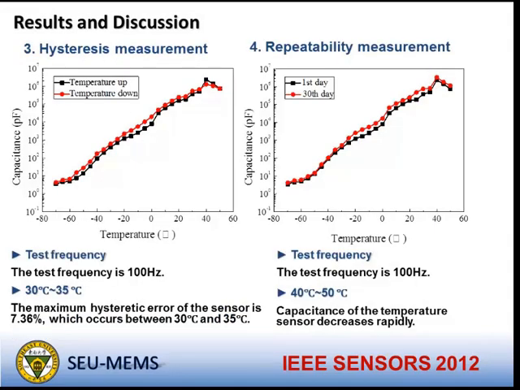This is the hysteresis measurement of the temperature sensor. Also, the capacitance of the temperature sensor increases exponentially when the temperature increases from negative 70 degrees centigrade to 40 degrees centigrade, and it decreases rapidly when the temperature increases from 40 degrees centigrade to 50 degrees centigrade.